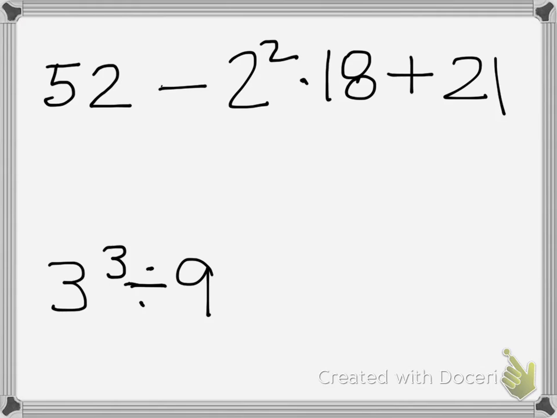Now we're going to evaluate these examples using the order of operations. So if I write out the order, remember I can think of it a couple of different ways. PEMDAS, please excuse my dear Aunt Sally, or just in the 4 steps that we learned about in the previous lesson. But P stands for parentheses.